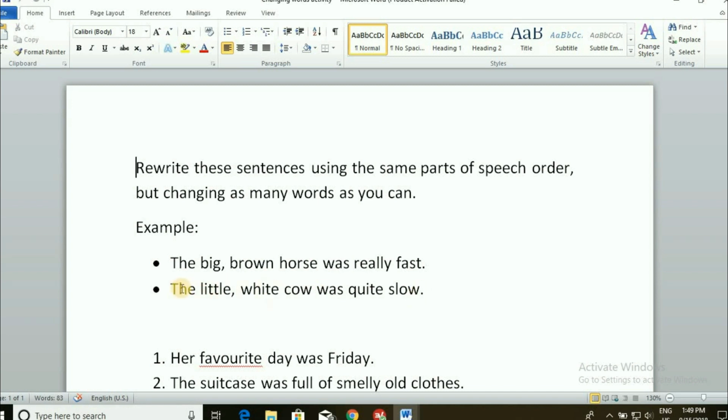I'm going to keep the and was the same, although we could change this to a and is if we really wanted. So big, little, brown, white. So we're changing the size adjective, the color adjective, and here I'm going to just change this animal noun from horse to cow. We'll change really to quite and fast to slow.